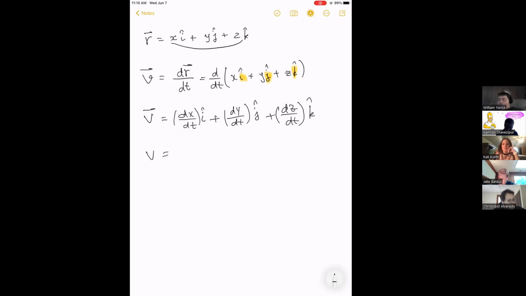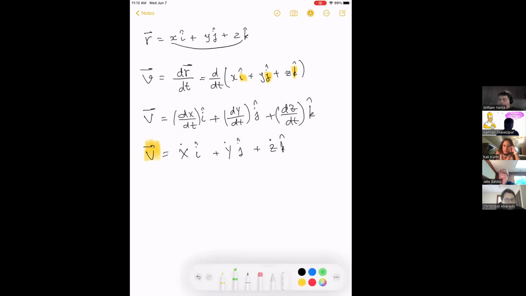So in dynamics, when we have the time derivative, we usually express it with a dot on top of the letter. So this is going to be x dot i, y dot j plus z dot k. Now, velocity is a vector, right? I can express it in terms of x, y, z components.